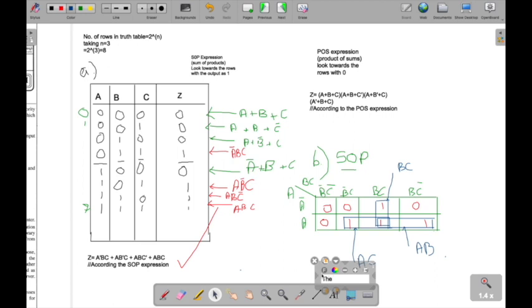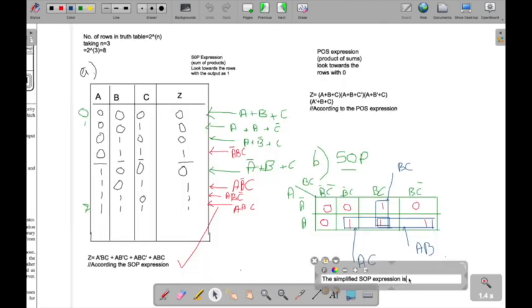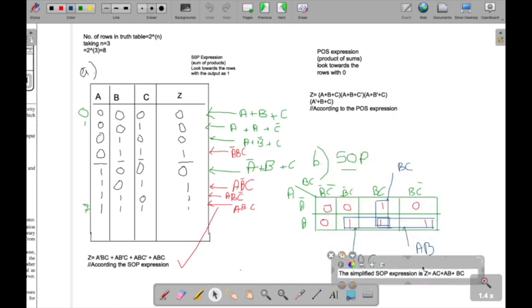The simplified SOP expression is Z equals AC plus AB plus BC, right? So this is the simplified expression according to part B of this question.